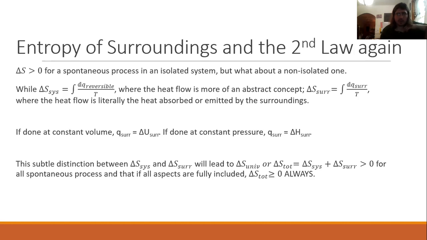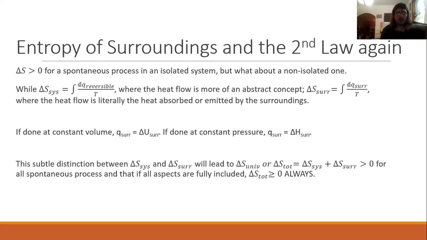If all aspects are fully included, delta S total is greater than or equal to 0, always. That is truly our second law. For a spontaneous process in an isolated system, delta S always increases.